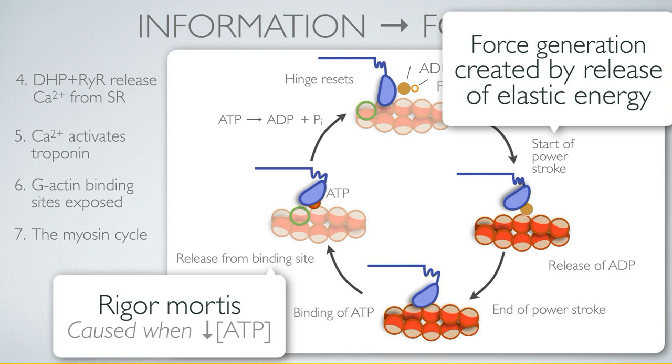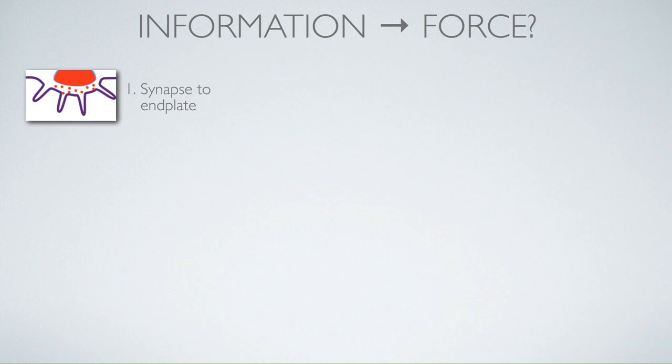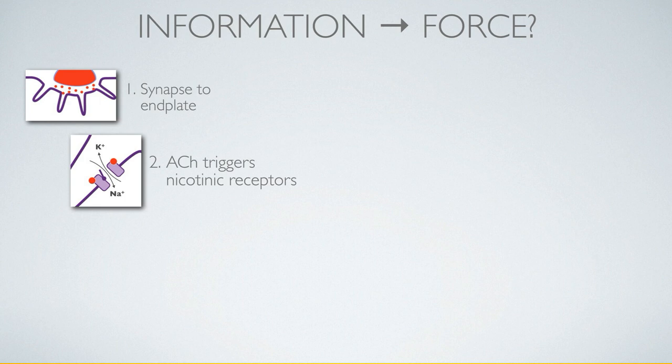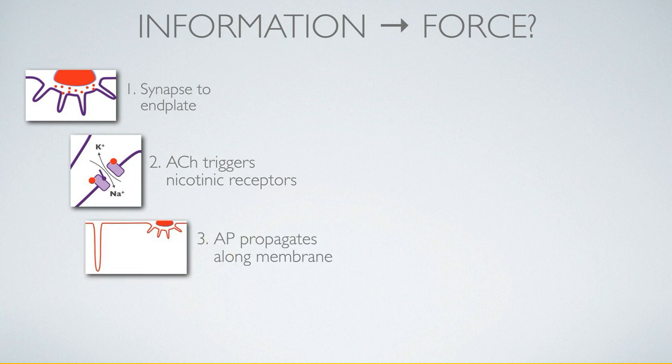Okay, so we've stepped through the myosin cycle and all 7 steps before that. In summary, we had the synapse at the motor end plate, the acetylcholine binding to the nicotinic receptors, thereby exciting or creating depolarization in the muscle fiber. That action potential propagates along the membrane for the cell.